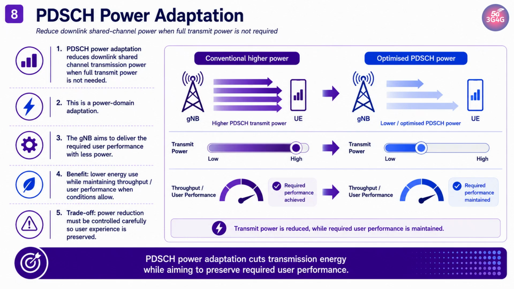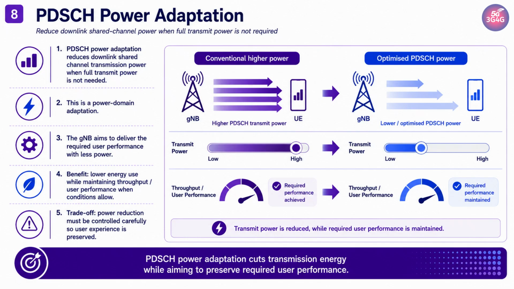Instead of always transmitting at a high power level, the gNodeB aims to deliver the required user performance with less power. For example, if the UE has good radio conditions or if the data rate requirement is moderate, the network may not need to use full PDSCH power. Reducing the power can lower transmission energy while still maintaining the required throughput and user experience.